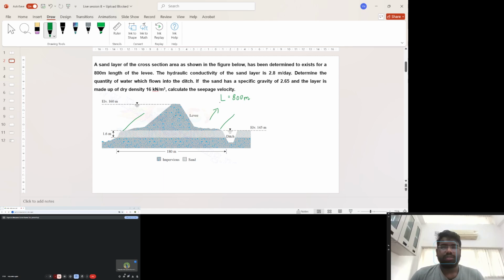That is L. Length of levee 800 meters and the thickness of sand layer 1.6 meters.